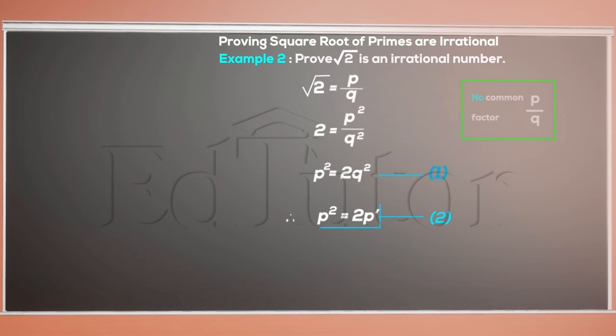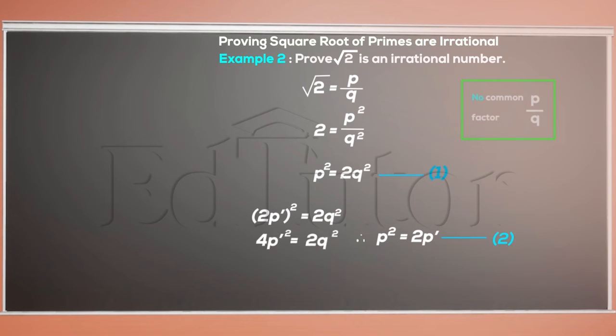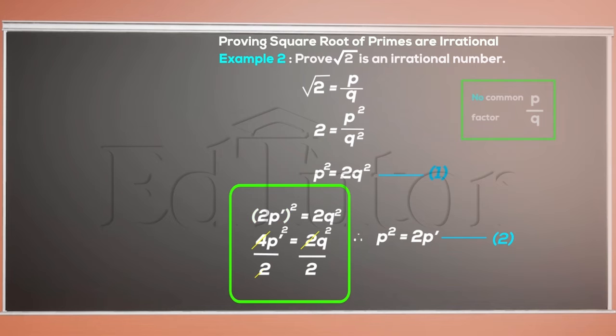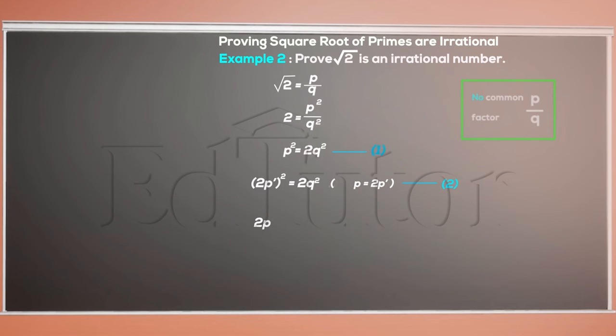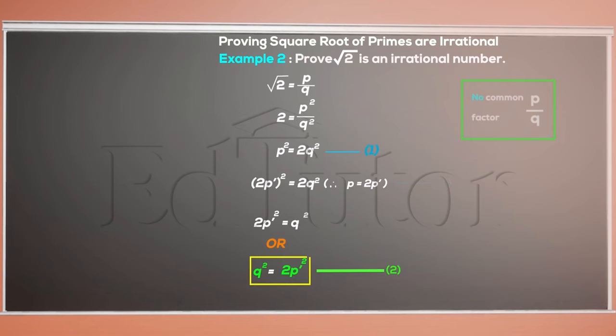Note that too, and substitute this into equation 1. This is what you will get. Get rid of the brackets and divide both sides by 2. Now, look at this equation from the perspective of q and tell me, doesn't it look familiar? Of course it does. This time it says q squared equals some number times 2.